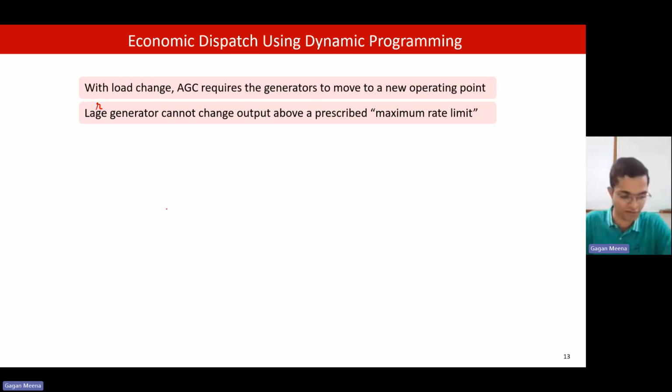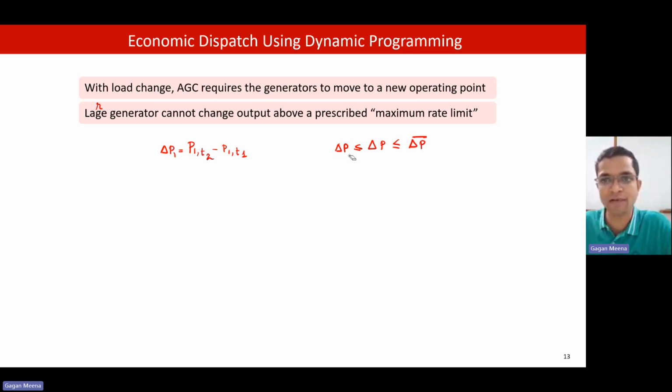Suppose the load was reduced, let us say here we are saying P1 T1 minus P1 T2, this is delta P1, and we are saying that delta P has to be between minus delta P max and delta P max.